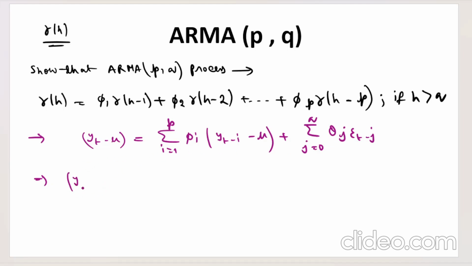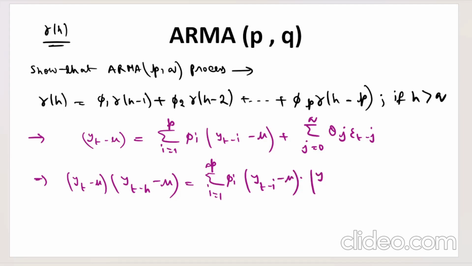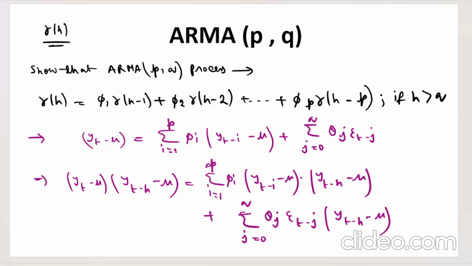We will multiply both sides by yt minus h minus mu, and we'll do this on both sides: summation i from 1 to p phi i (yt minus i minus mu)(yt minus h minus mu), plus summation j from 0 to q theta j epsilon t minus j, and (yt minus h minus mu).